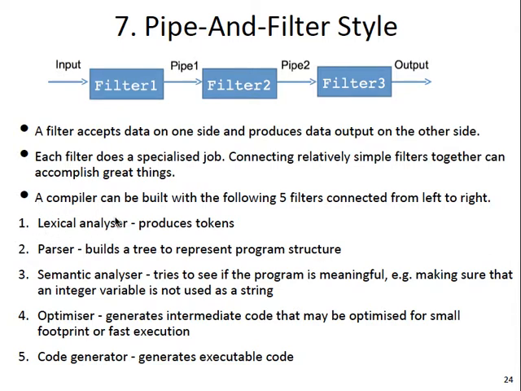This is the structure of a compiler that has 5 filters. Okay, so instead of 3, you can have 5, you can have 6, you can have 4. Each filter does something special. For example, on the left-hand side is the lexical analyzer.